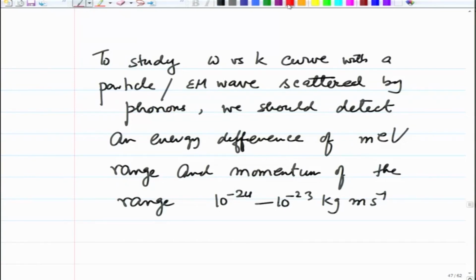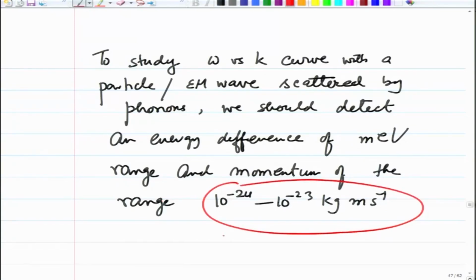Keep in mind that this momentum corresponds to a of the order of 1 angstrom. So, the lambda of the incoming light or wave or particle should be of the order of 1 angstrom. Let us see how we do it.